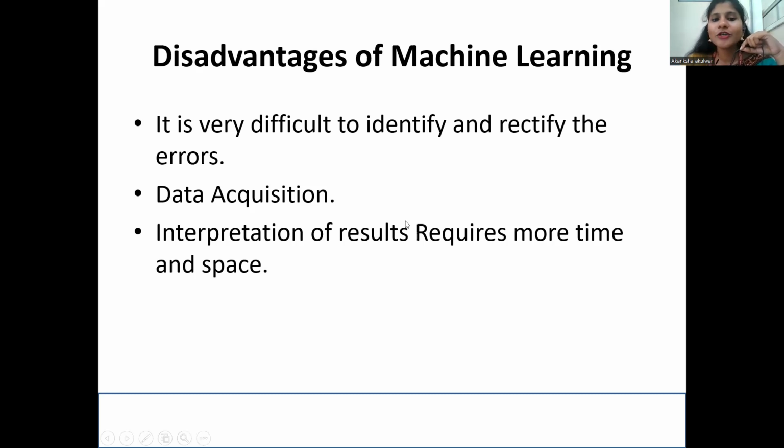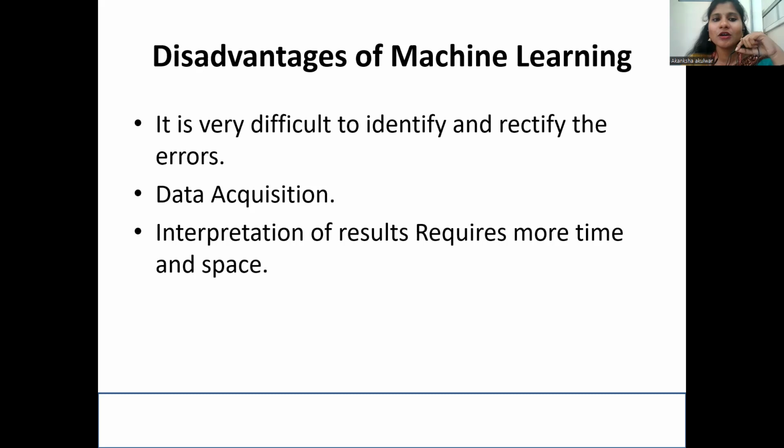Then interpretation of results requires more time. We will not be able to predict the results as soon as they appear. It takes some time and also more space to interpret it. So these are some of the disadvantages of machine learning.